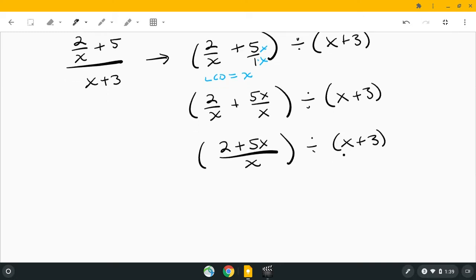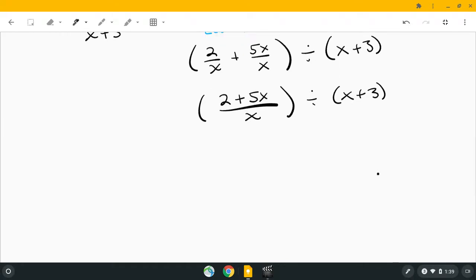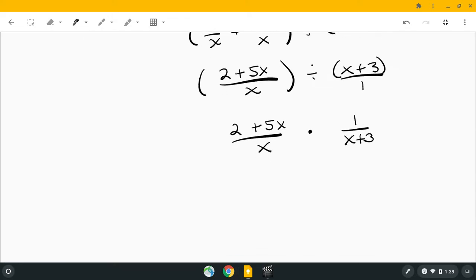Now I do this division problem, which we looked at a couple of sections ago. I keep the first fraction, and I flip the other one. This is like over 1, so when I flip it, it's 1 over x plus 3, and this becomes multiplication. When I multiply this out, nothing cancels, so I get 2 plus 5x in the numerator, and x times x plus 3 in the denominator.